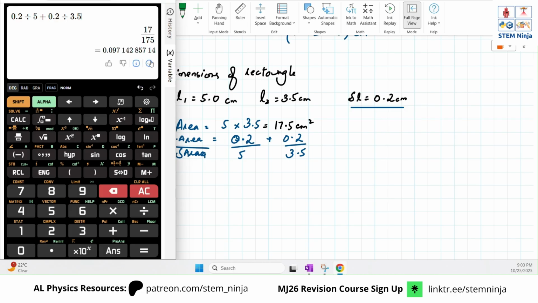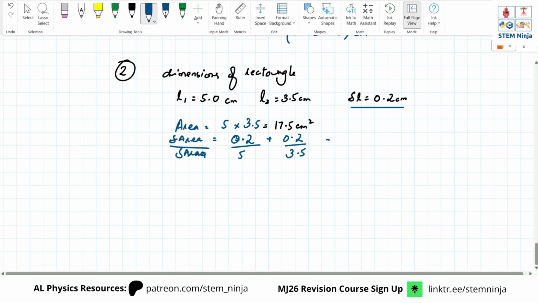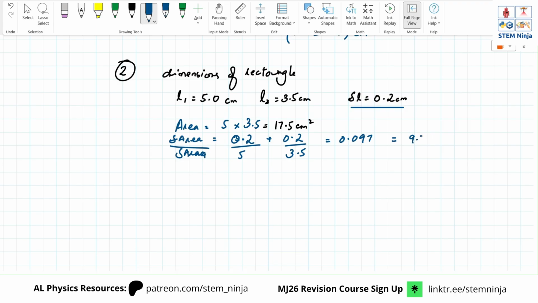You get 0.097, which is roughly 9.7%. This is still not the absolute. To find out the absolute uncertainty in the area, you need to cross multiply with the value of area.